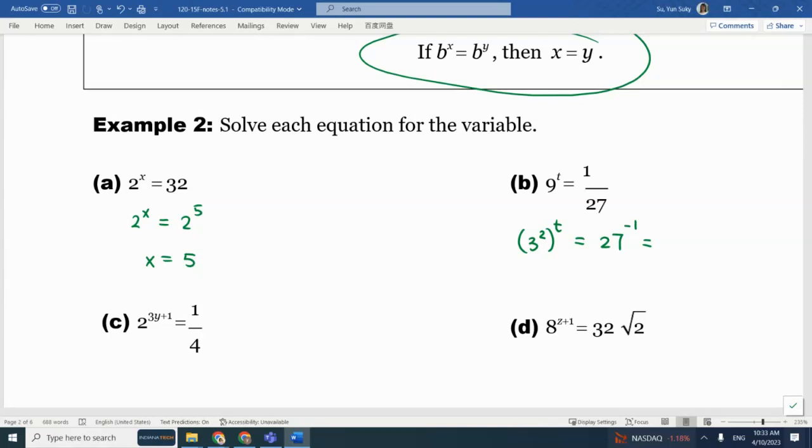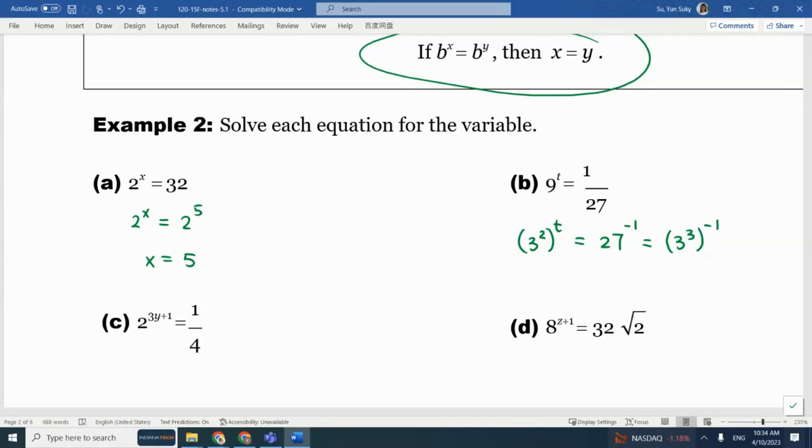What's the easier base? 3. 27 is 3 to the what? Yeah, very good. Yes, right, everybody. 3 cubed. So 3 cubed is 27 raised to the -1. Right?